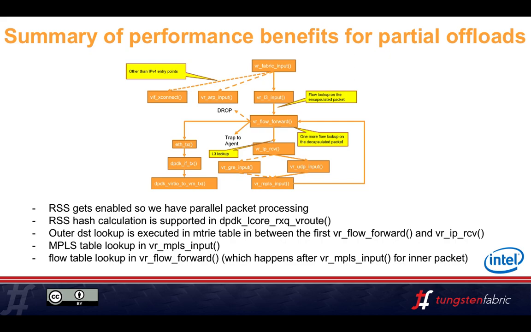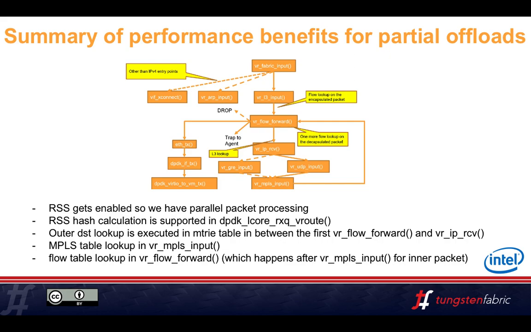So now we can spread the flows into several cores rather than having only one core processing them, which gives a very good benefit because we can do much better parallel processing now.